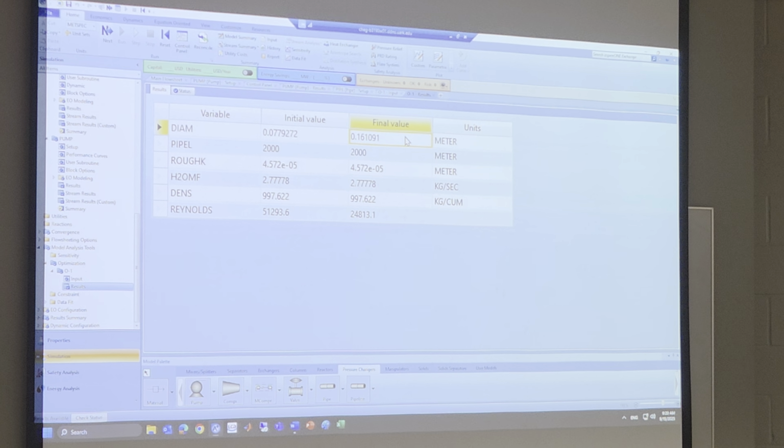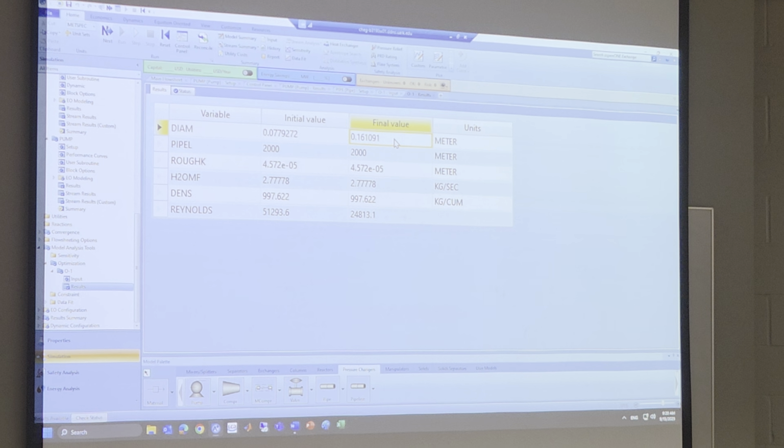We can minimize the total cost. If you see, all values are correct. The Reynolds number initially, with 3-inch, is about 51,000; with a little larger than 6-inch, it's about 25,000. But the answer is this one. That's the final value.